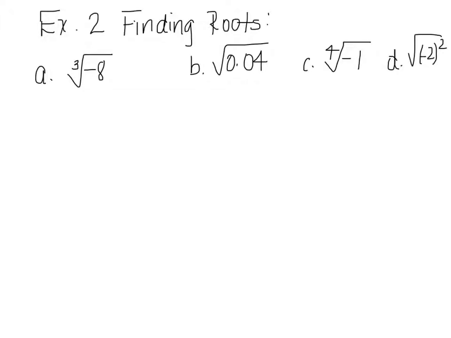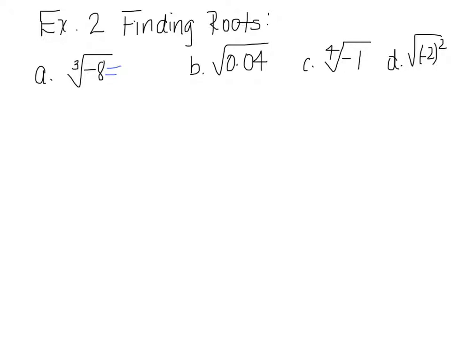Okay, the second example, we're going to just find the roots. And this is different from the other one because the other problems we were just finding all real roots of what could occur. This one we're finding just the real roots.